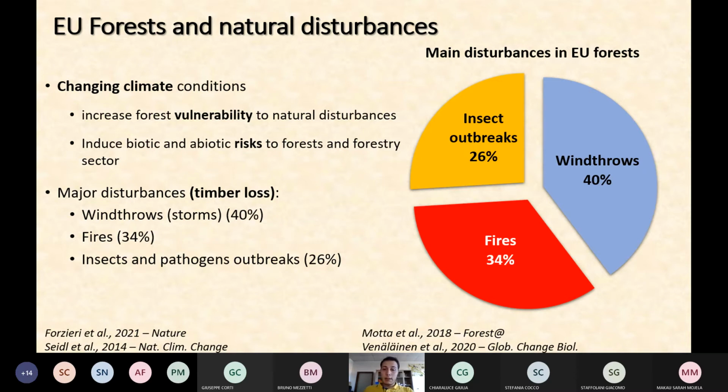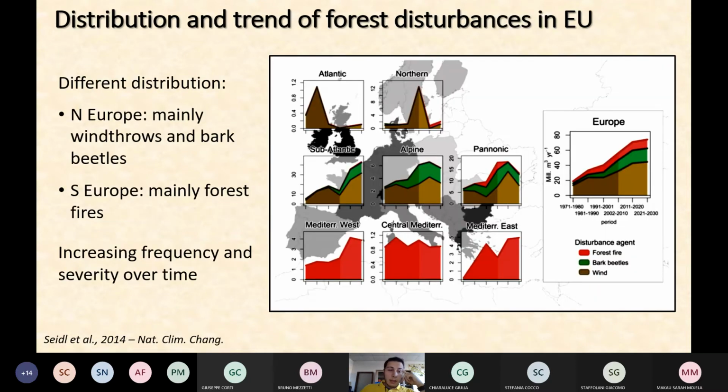According to recent studies, in Europe, the major disturbances that can cause timber loss are, in decreasing ranking, windthrows or storms at 40%, fires at 34%, and insect and pathogen outbreaks at 26%.